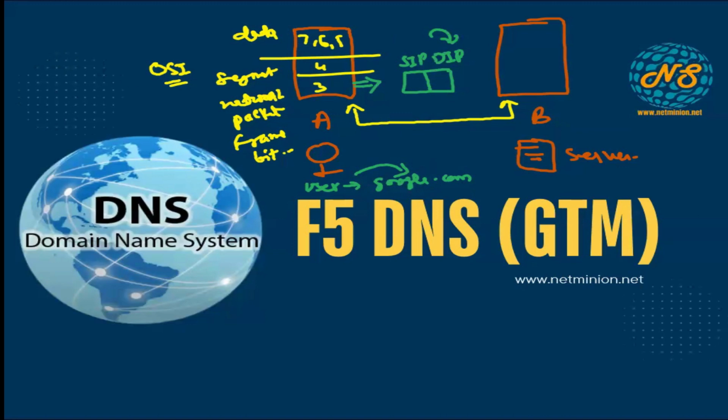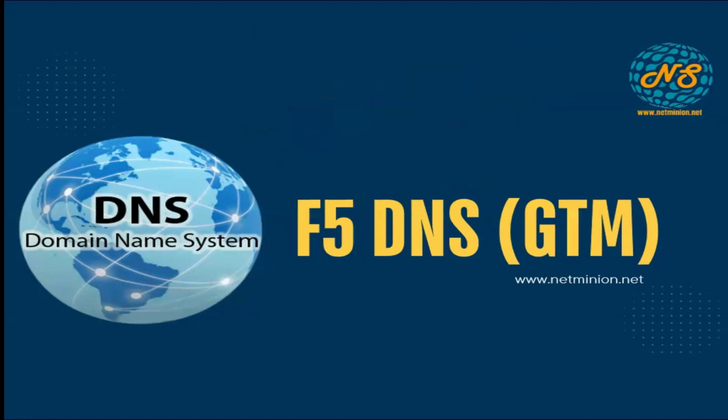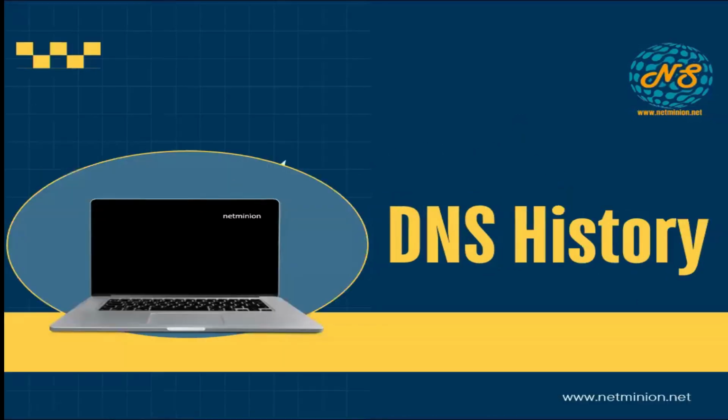If the destination IP is not there, the packet cannot be formed. And if the packet is not formed, then the communication cannot go through. That is where DNS comes in between. For a successful communication, DNS plays a very important role. Right? Let's proceed.